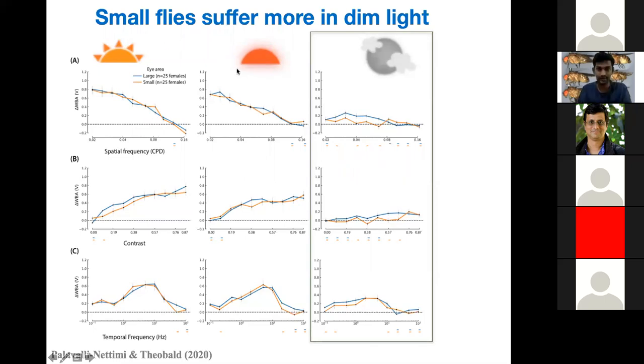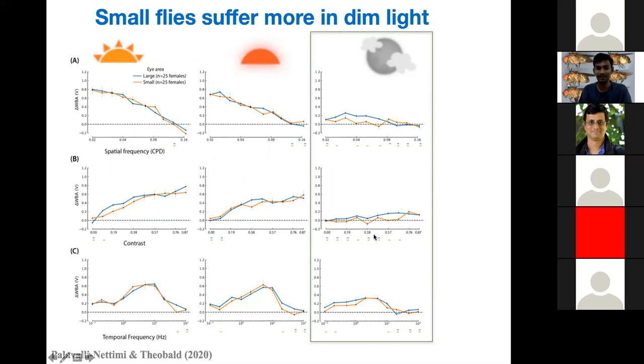If you concentrate on just this one, all the patterns that we find here confirm what we found in the other study. But as it gets really dark, at less than a lux intensity, smaller flies actually tend to lose their spatial acuity altogether. So they're not really responding as much as the larger flies.